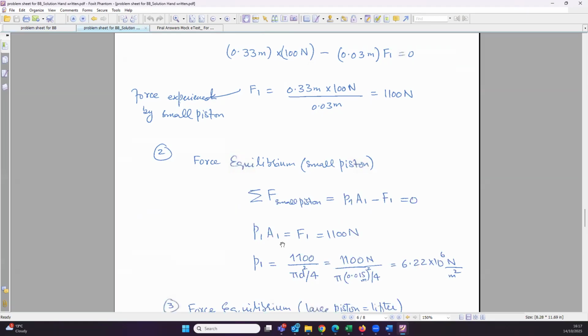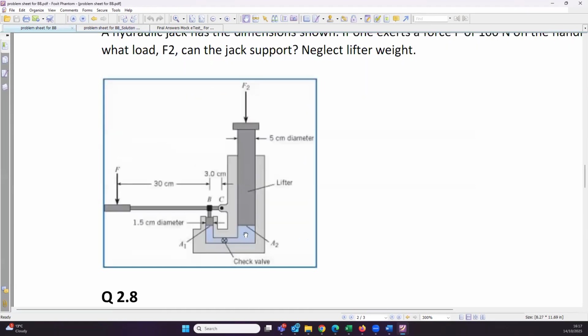Once you get F1, the rest is very simple. It's just Pascal's law. And Pascal's law says that whatever force you are applying here, with whatever pressure you apply here, will be transmitted to this point, or this point, whatever, because this is the bar that will just move up.